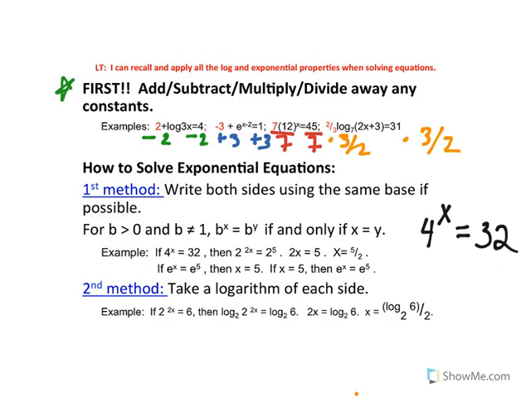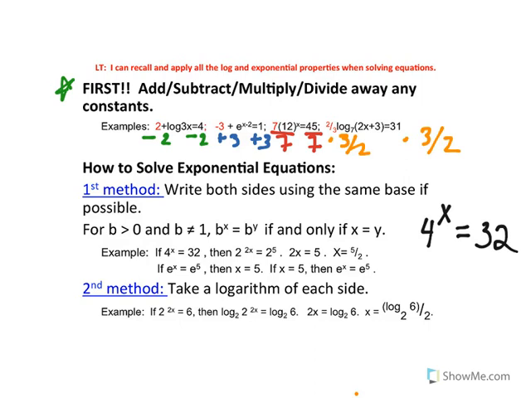One method that you could take here, and this is the method that you were shown last section, was, can I rewrite both sides of my exponential equation with the same base? Or do they already have the same exponential base? Okay. For this example, I've got 4 as a base to the x power on the left-hand side.